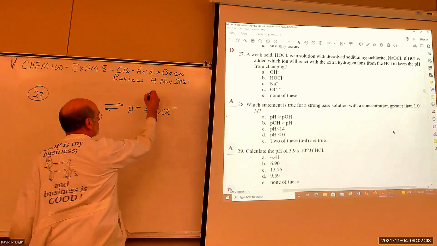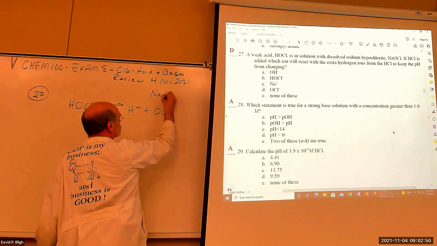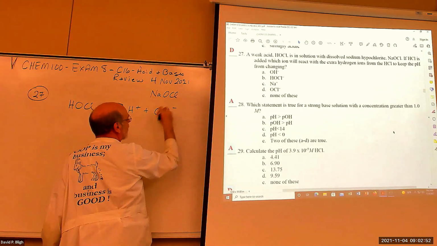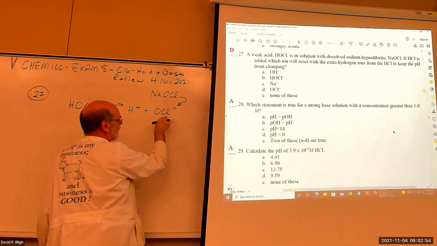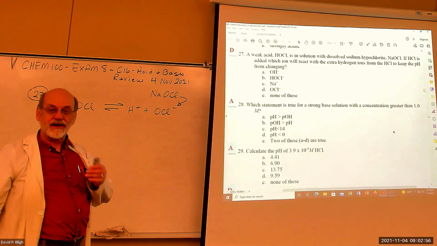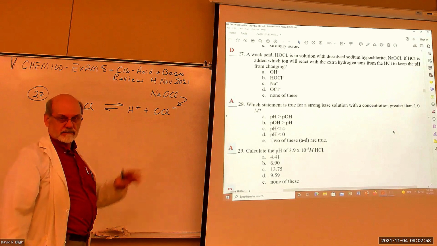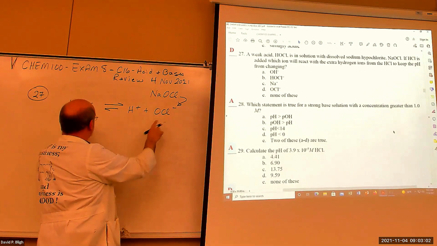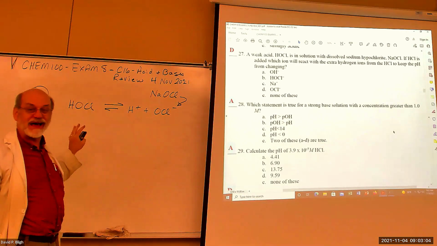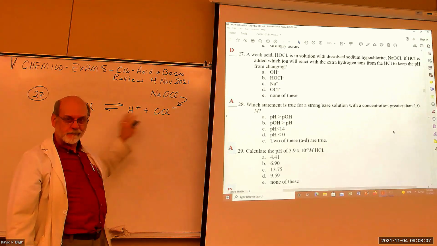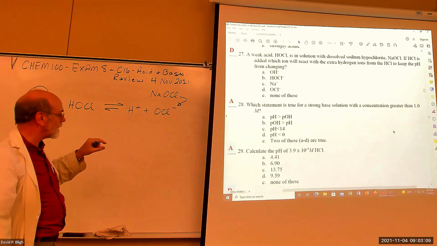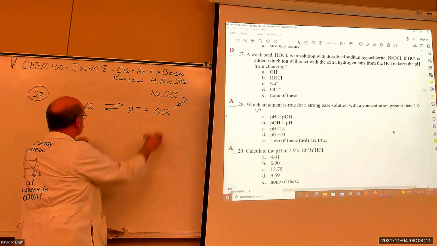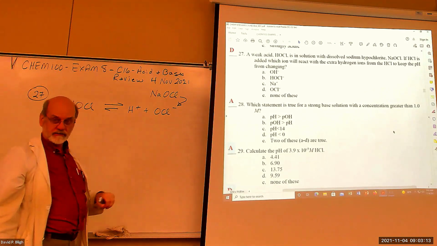In other words, this goes into solution like that and produces that ion. The sodium ion is a spectator, so it doesn't enter into the reaction at all. So we add this to the solution along with that, and that's how we get the balance between the two. Okay? So now we have some of this and some of that in solution.